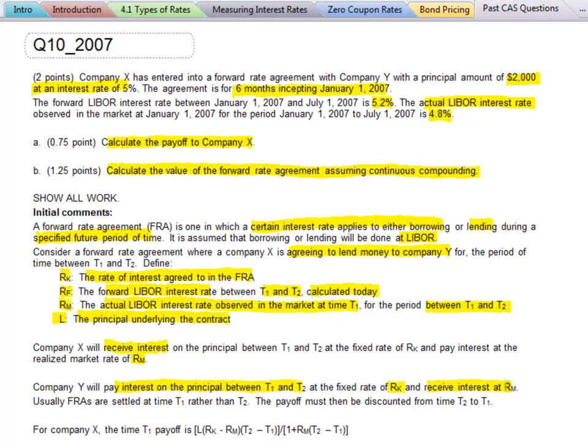Usually, FRAs are settled at time 1 rather than time 2, and that's why the payoff must be discounted from time 2 to time 1. For Company X, the time 1 payoff is L times (R sub k minus R sub m) times (T sub 2 minus T sub 1), all divided by 1 plus R sub m times (T sub 2 minus T sub 1).